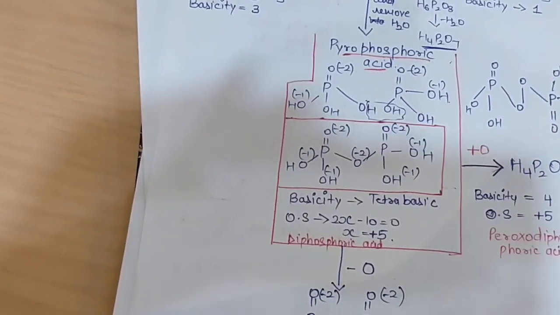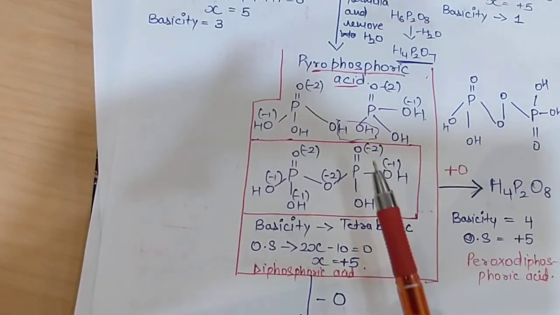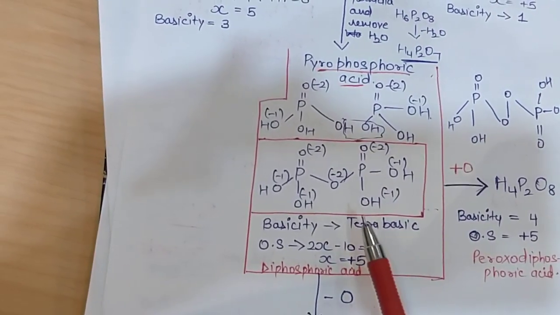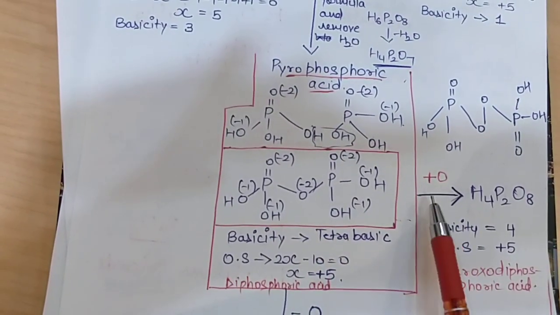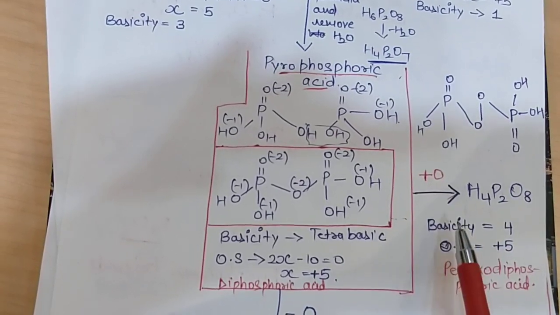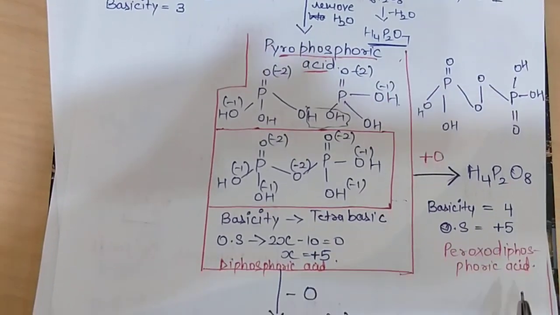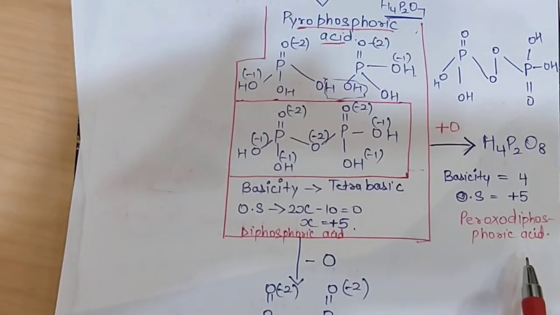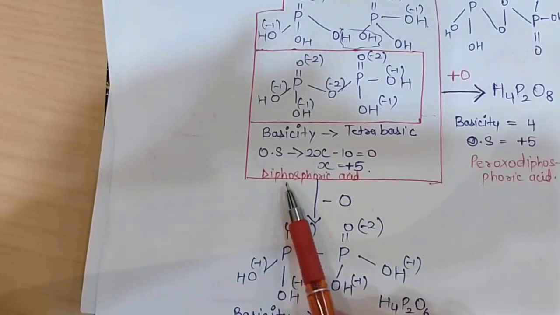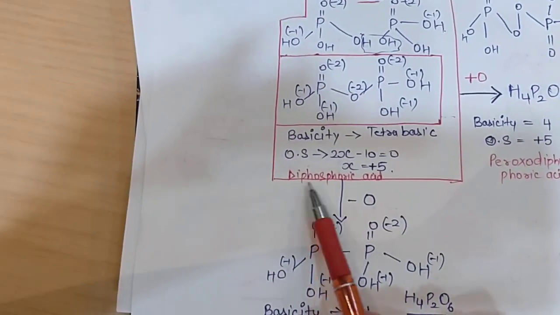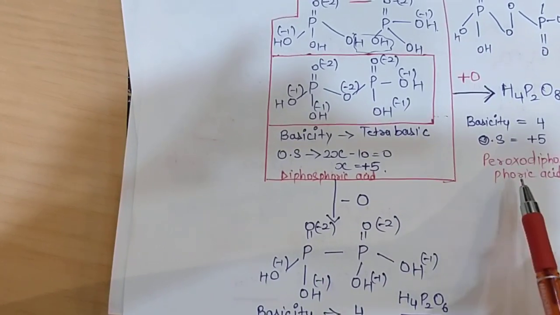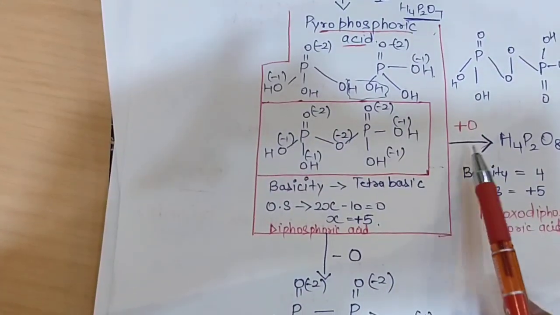The next acid which we can generate from pyrophosphoric acid: if we add one more oxygen in pyrophosphoric acid, what we get is peroxodiphosphoric acid.